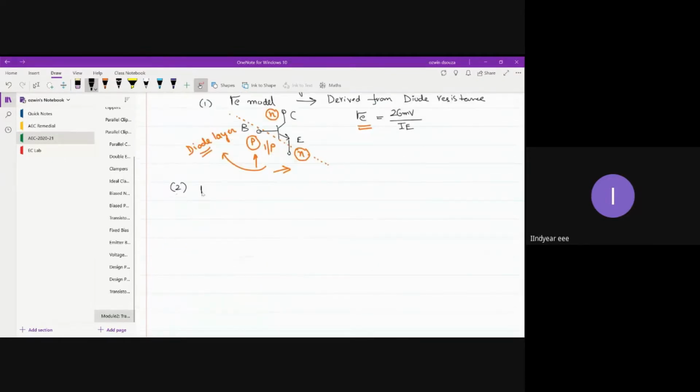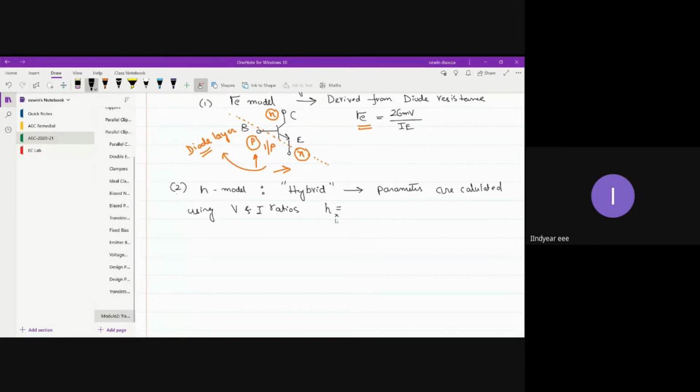Okay. Now the second model is the H model. H stands for hybrid. Now, why hybrid? It is due to the fact that your H model parameters are calculated using voltage and current ratios.